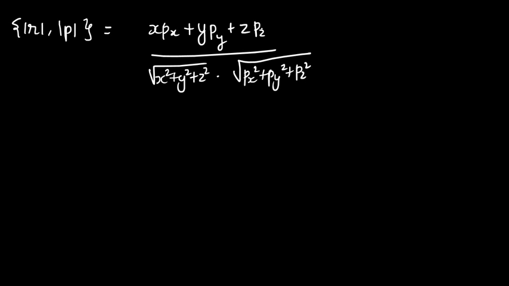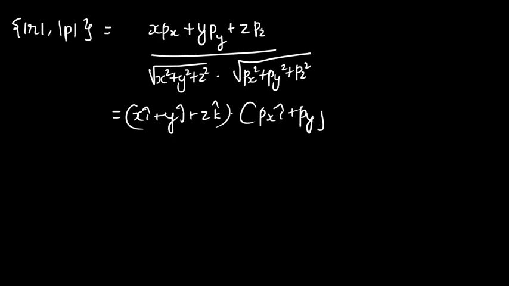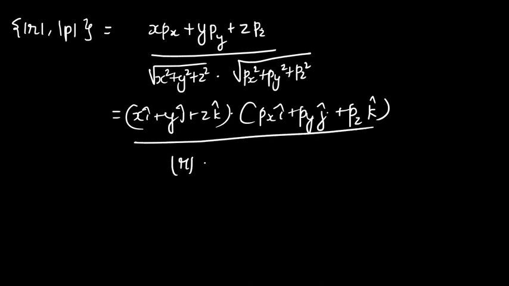So I can simplify this as xi plus yj plus zk dot pxi plus pyj plus pzk, the whole divided by, this will be my r and this will be my p.